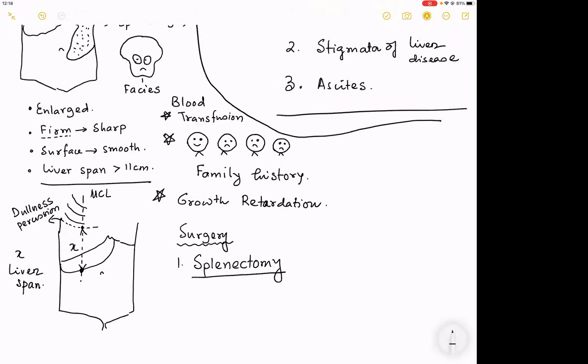Splenectomy. Okay. Splenectomy for hypersplenism. The next question that you are asked is, what is hypersplenism? I hope you have the answer to this. We are not going to discuss this.